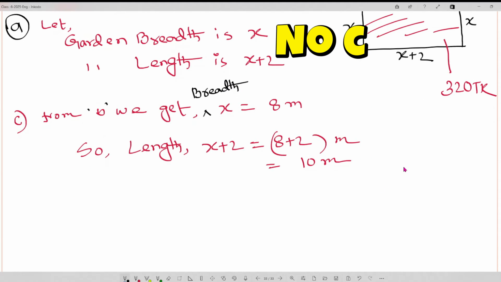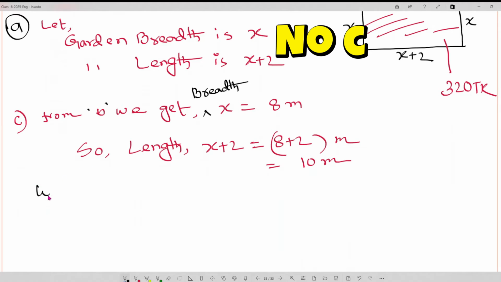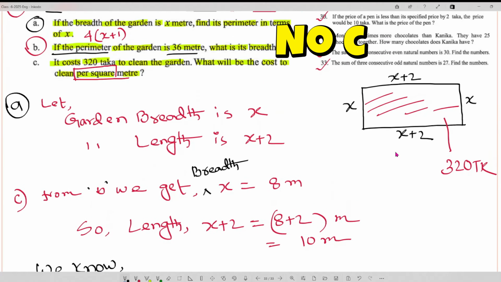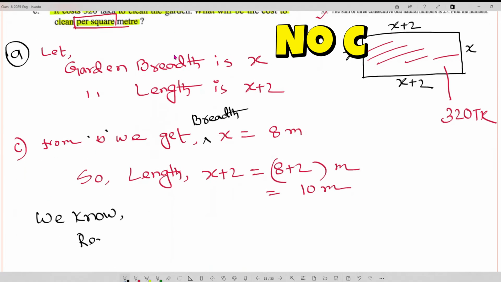Okay. Now we have to find out the square meter. It means area. We know rectangular. So here is rectangular flower garden.